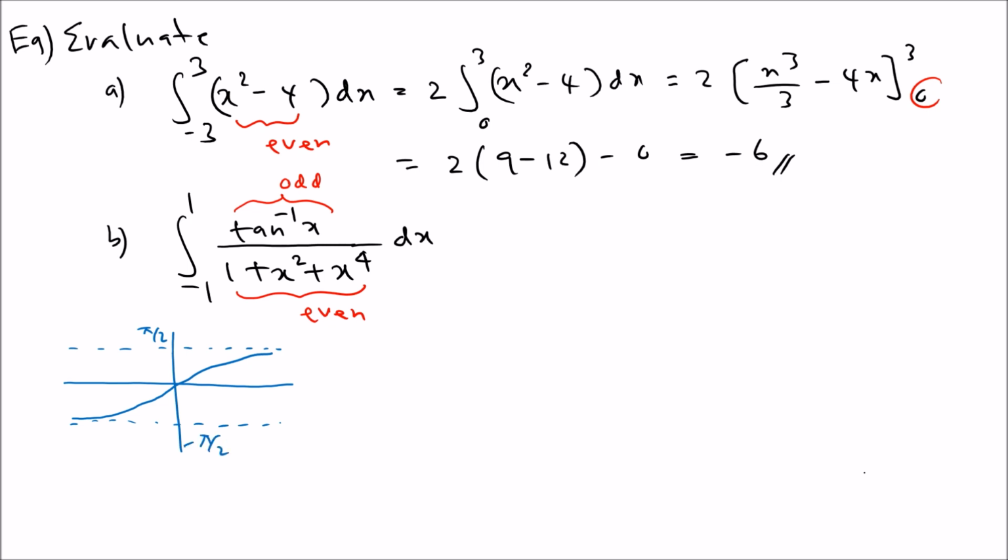Now you can see it's an odd function. So when you have an odd function and an even function, when you divide or multiply, the answer is going to be odd, because the even one does not change anything, but the odd one changes the sign. So the whole thing is an odd function, which means the integral is 0.